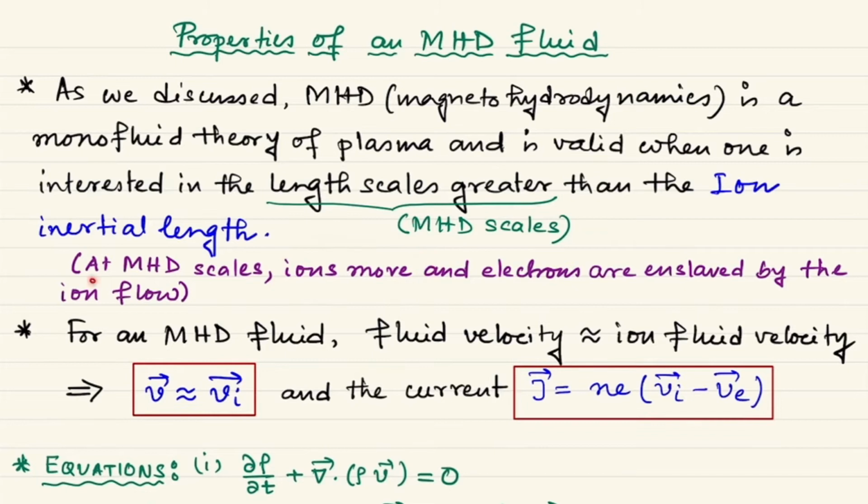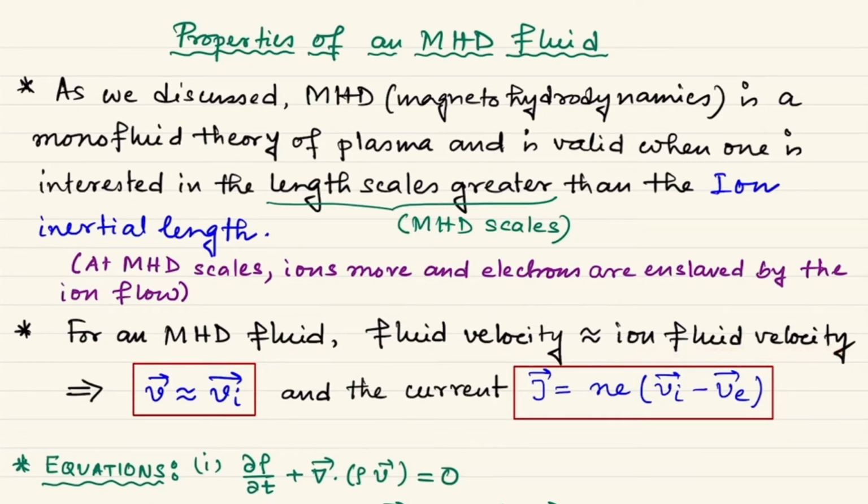So for an MHD fluid, the inertia of the fluid is mainly governed by the ions, and that's why the fluid velocity is almost equal to the ion fluid velocity.